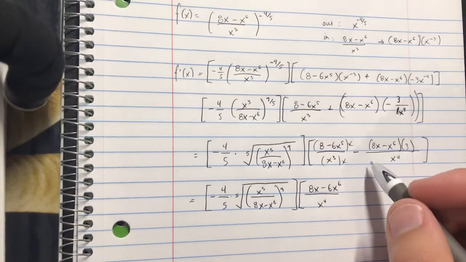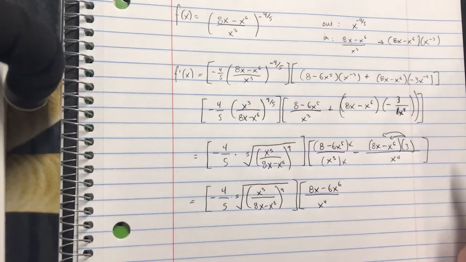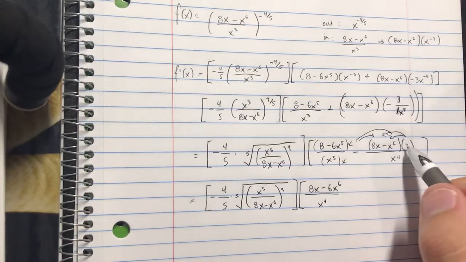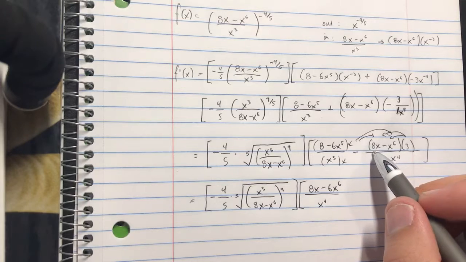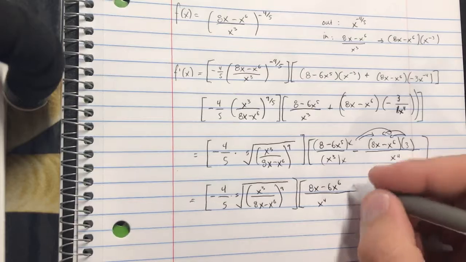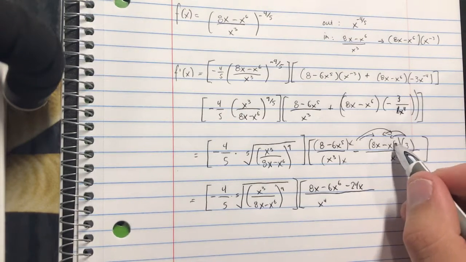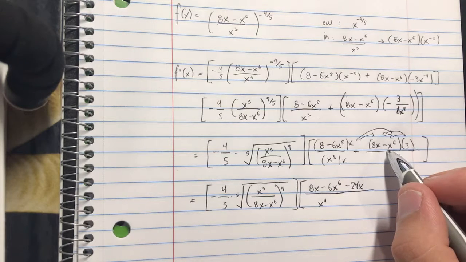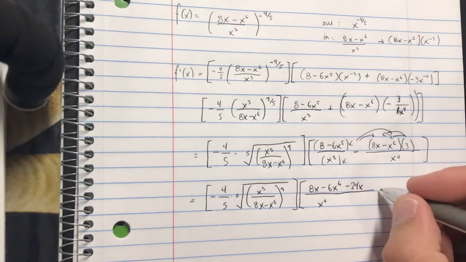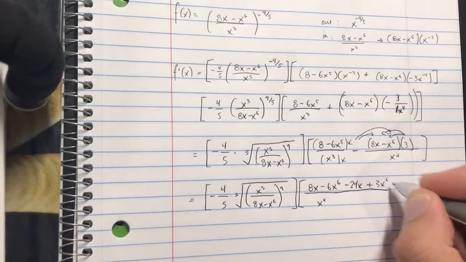And because I want to save time, I'm going to go ahead and just distribute this 3 right away, and I'm going to distribute the negative sign as well at the same time. So 3 times 8x is equal to 24x, and then times the negative 1 makes it negative 24x, and then negative 6x times 3 is negative 3 times x to the 6th, and then times another negative number makes it positive, so this would be plus 3x to the 6th power.